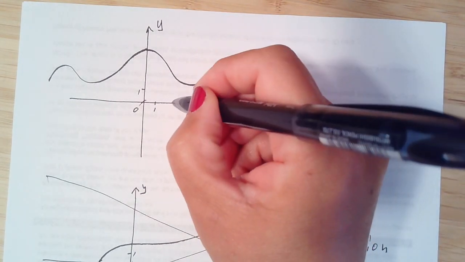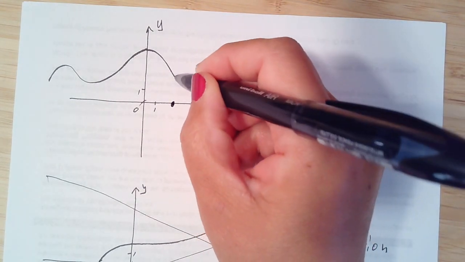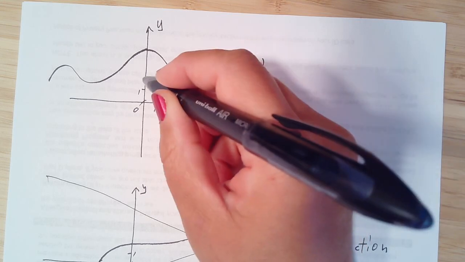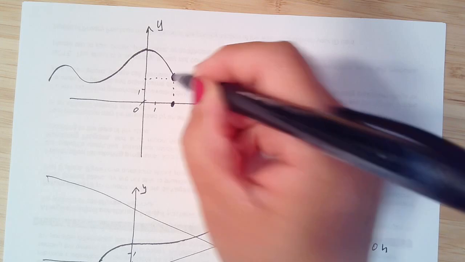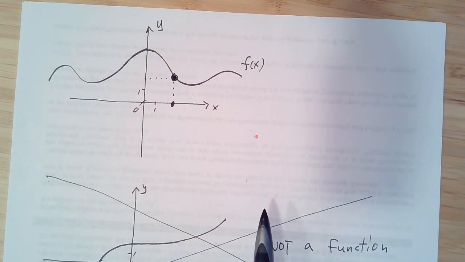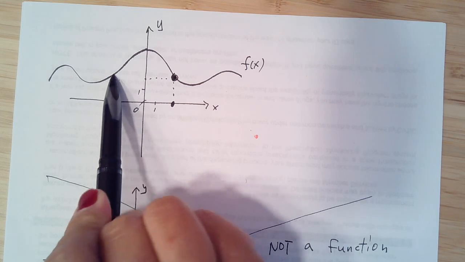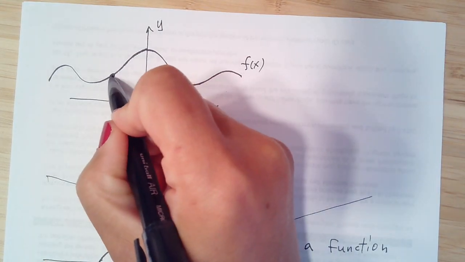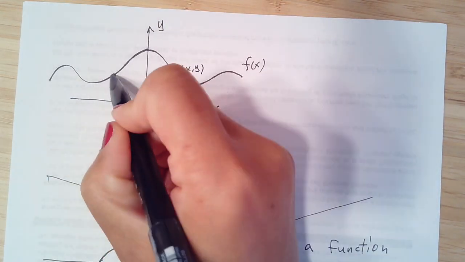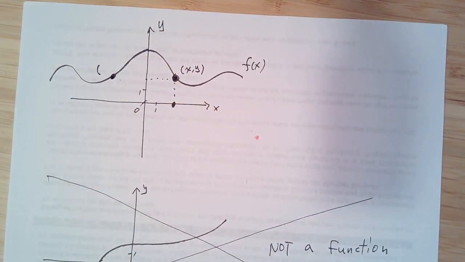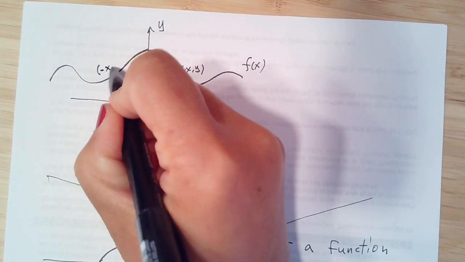If I choose an x value and I get the corresponding y, I have this point. At the same time, because we think the y-axis is the mirror, I will have this point. So for this one, if this is x, y, what about this one? This should be negative x, y.